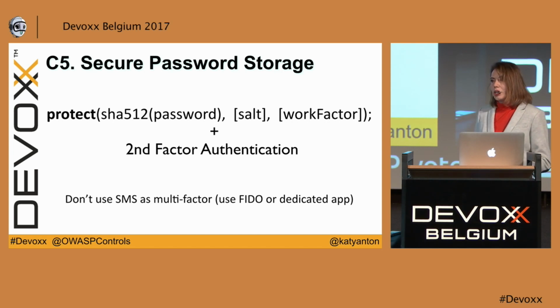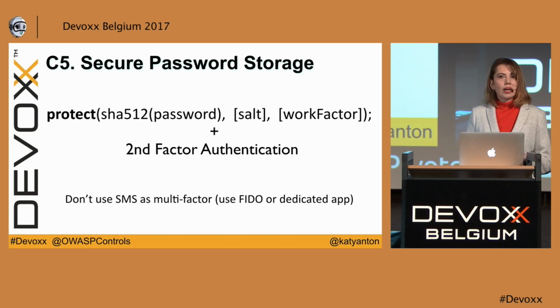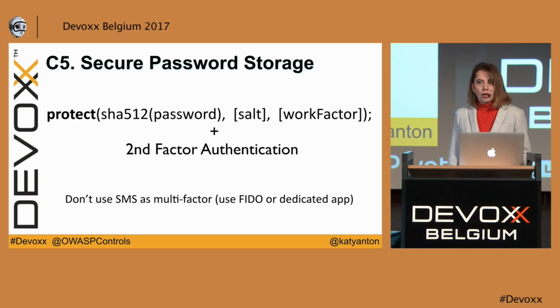Depending on the nature of the application, second-factor authentication is also good to have. I have to point out that SMS is not considered a second-factor authentication and NIST is prepared to ban it from their recommendation. You should use FIDO or a dedicated app.